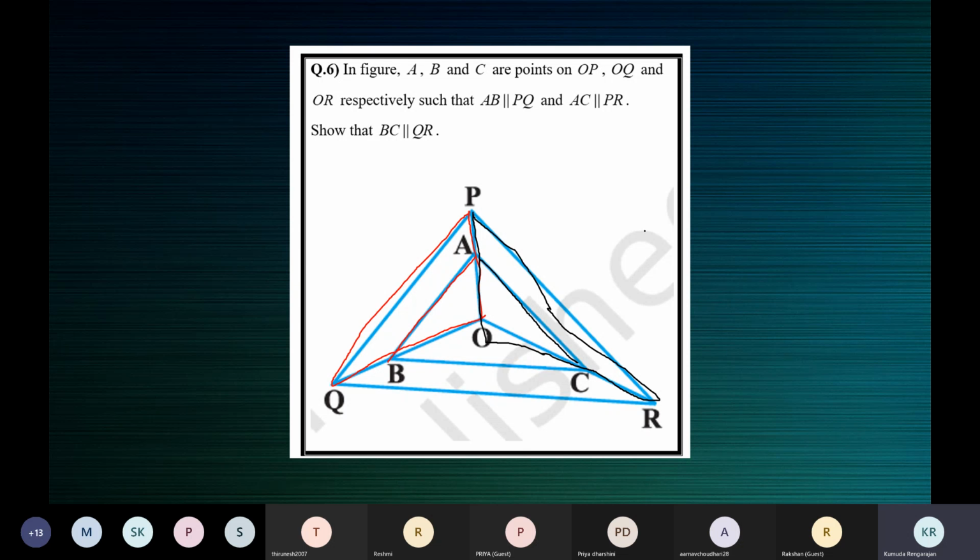Make sure you write OA by AP in both, otherwise you have to take reciprocals. Write OA by AP is equal to OB by BQ, and in the other triangle, OA by AP is equal to OC by CR. Be conscious when you're writing. Do we get that? Yes, ma'am.